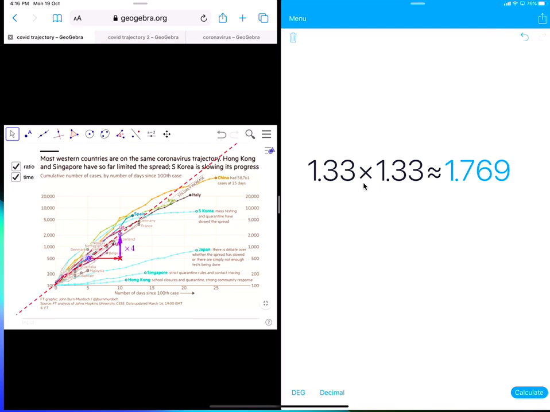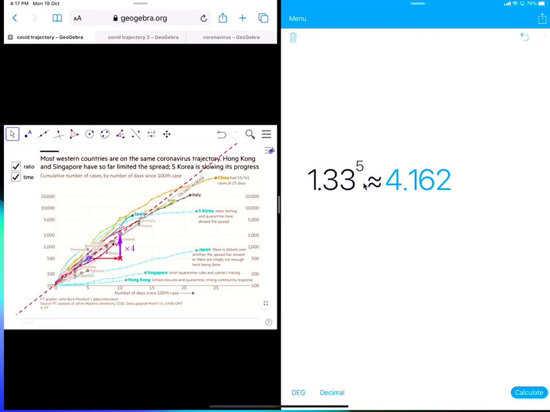So it will effectively be multiplied by 1.769. And similarly, if you're talking about a 33% increase continuously in 5 days, then the factor leading to the growth should be effectively 1.33 to the power 5, which is more or less equal to 4.